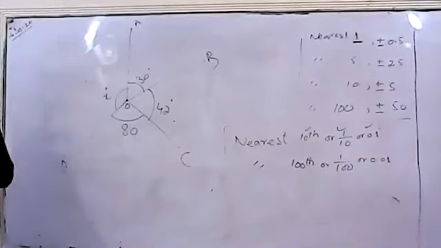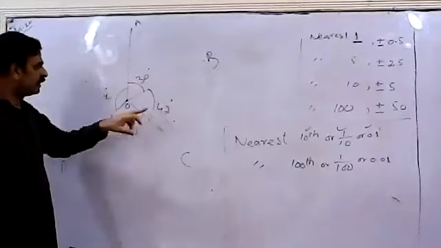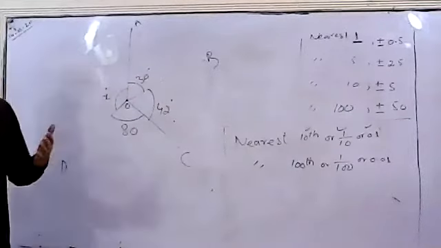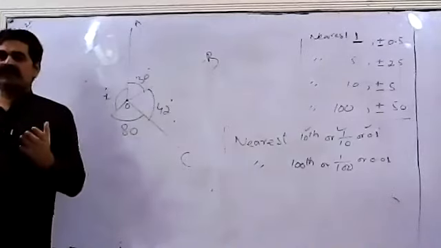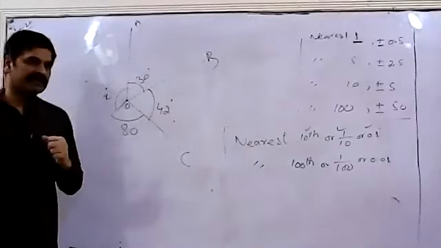Students, we know that the total angle around any point is 360 degree. To simply find the value of X, we will add these three angles, 30 degree, 42 degree, 80 degree, and then subtract from 360 degree. We will find the answer of X degree.